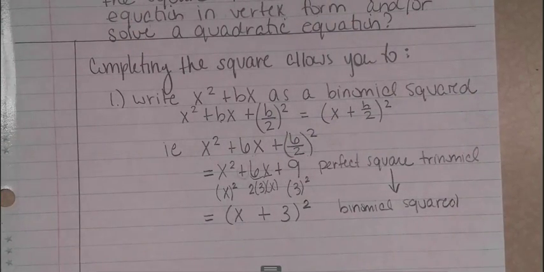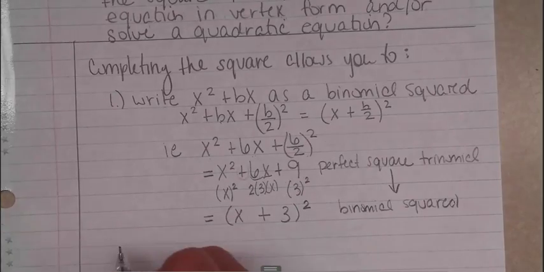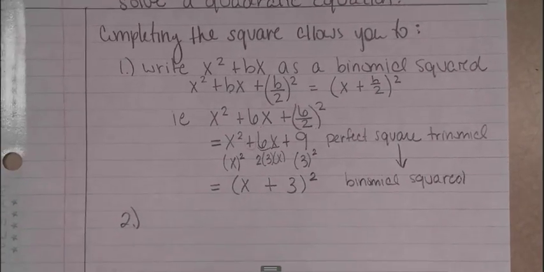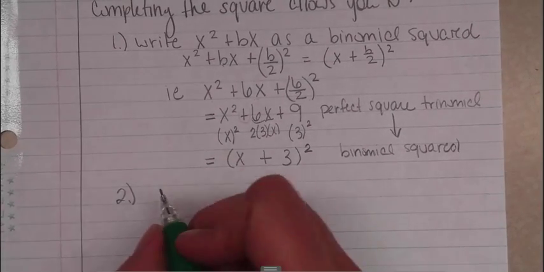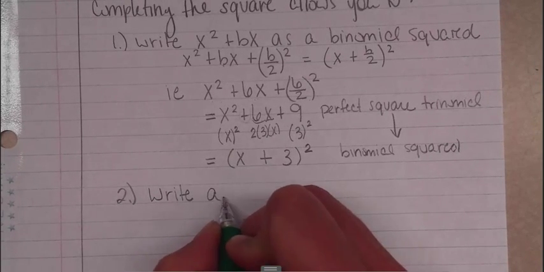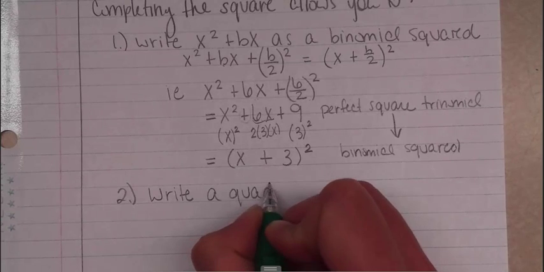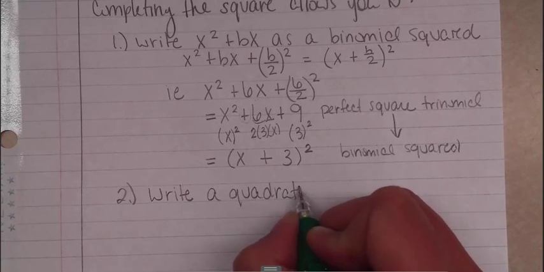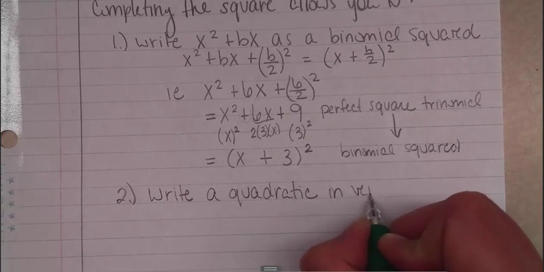So that's pretty awesome. This is really helpful because right away now I know where my roots are. I know where my zeros are, and then I can figure out where my vertex is. Or, if you really want to have some fun with this, you can also write a quadratic in vertex form.